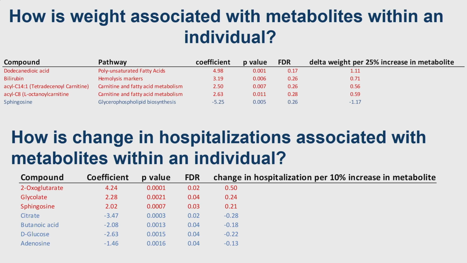And that relationship, when you look at the FDRs and the p-values, is stronger with metabolites than weight. And so you can see that it goes in 2 different directions, but you can use both to kind of look at patient outcomes and what's more related to absorption and what's more related to inflammation in general.